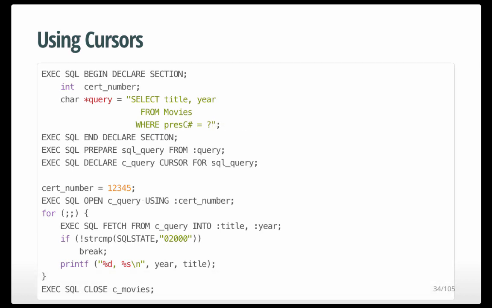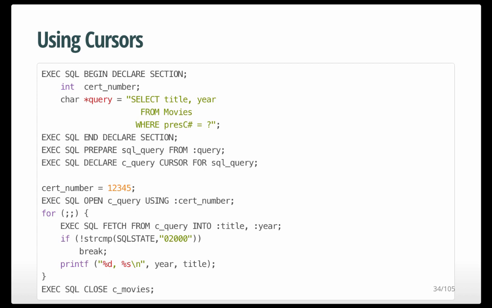I want to show you just a shorthand notation here. This is what we did before. We said where the precedent certificate number is equal to cert number, and that was fine. In this case, what we're going to say is where the precedent certificate number is question mark. And the question mark is like a special parameter.